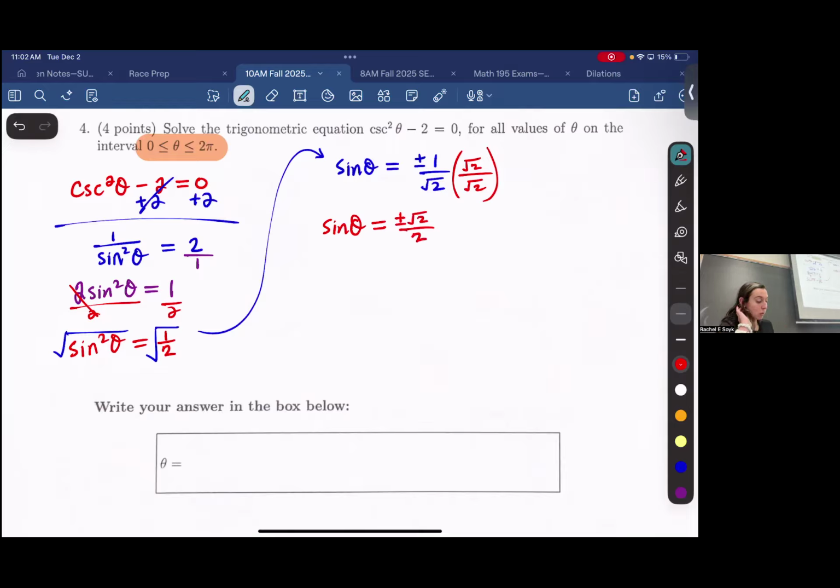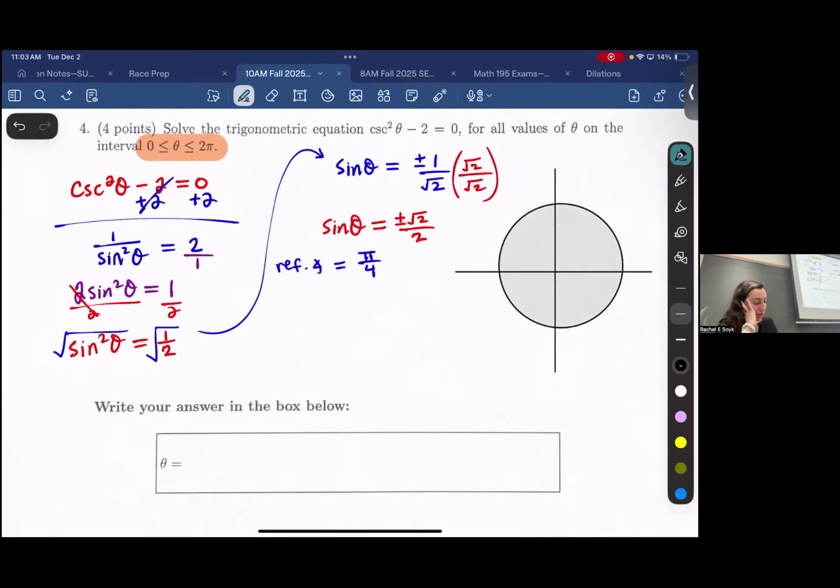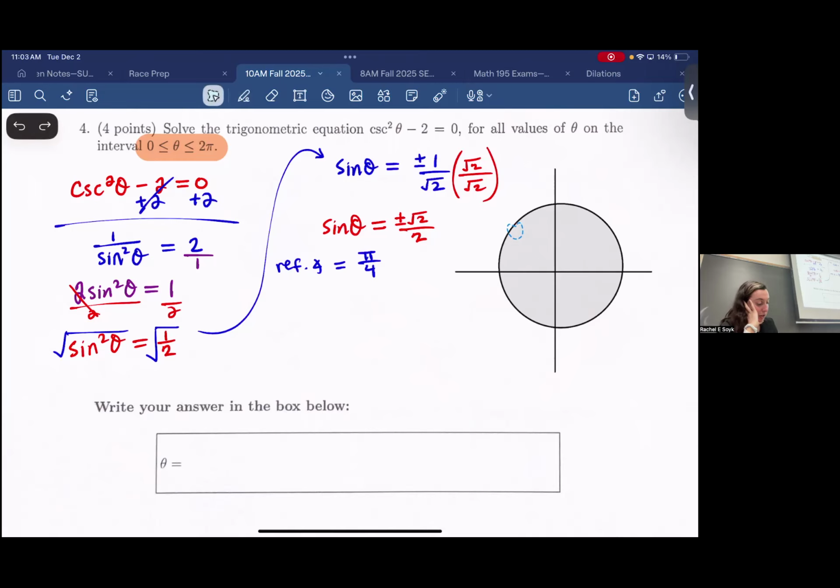Okay. So what is our reference angle going to be? Because we're dealing with plus or minus, do we have any restrictions for quadrants? No. Correct. Which means how many solutions are we going to have? Yeah, good.